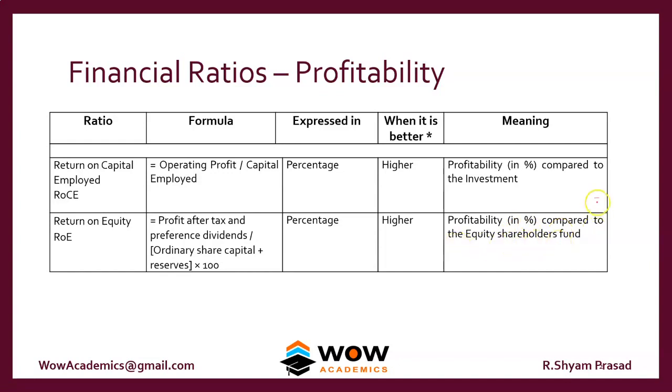How this ratio differs from the previous one is that here we only take the equity shareholders, so we don't consider the preference share capital or the debt. We consider only the return generated by the company for the equity shareholders for the capital that they have invested. That's why that profit is after tax and after the preference dividend. So that's about ROE.